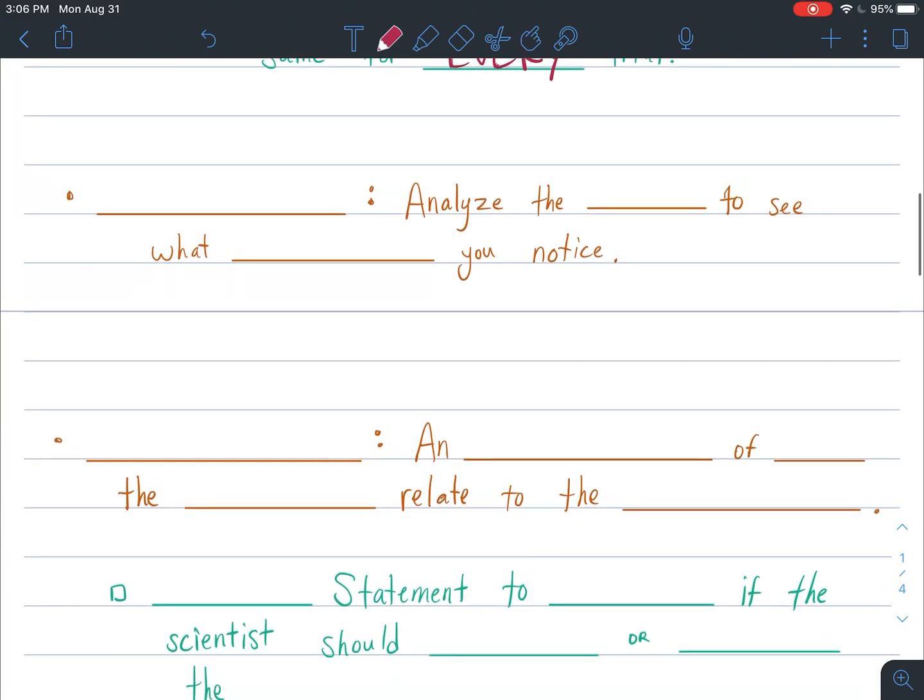Moving on, after the experiment, or while we're doing the experiment, we collect data and then we take a look at what the results tell us. What is the data that we collected? What is it going to tell us? And we call that our results. So the results is when you analyze the data, the quantitative or qualitative data, to see what patterns you notice.